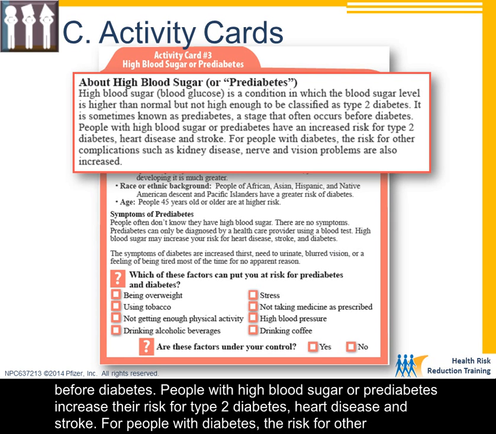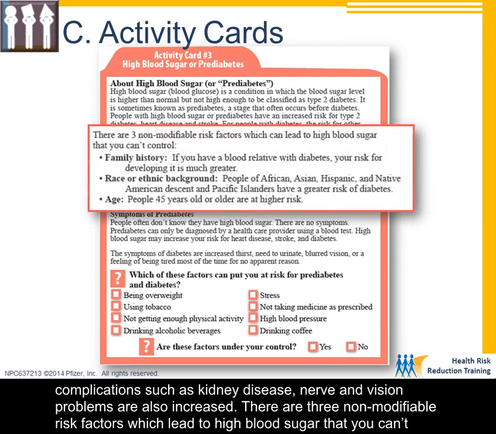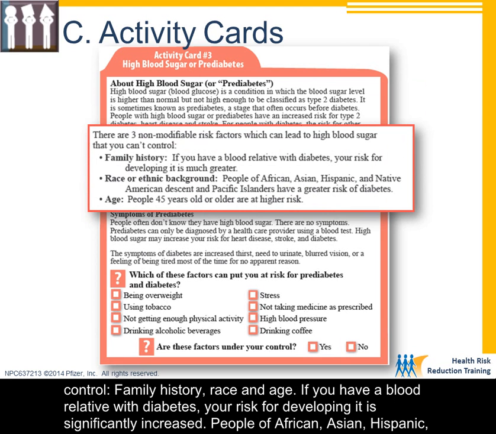For people with diabetes, the risk for other complications such as kidney disease, nerve and vision problems are also increased. There are 3 non-modifiable risk factors which lead to high blood sugar that you can't control: family history, race, and age.